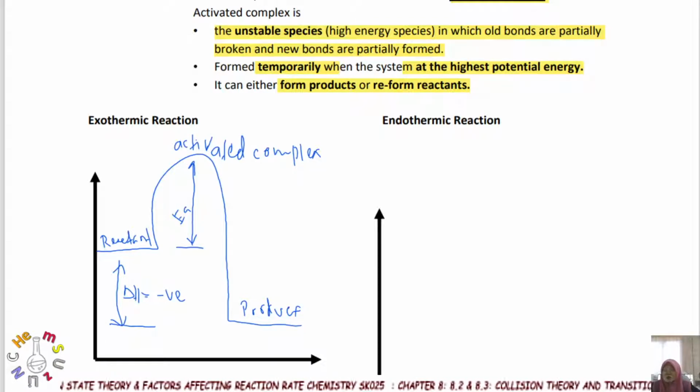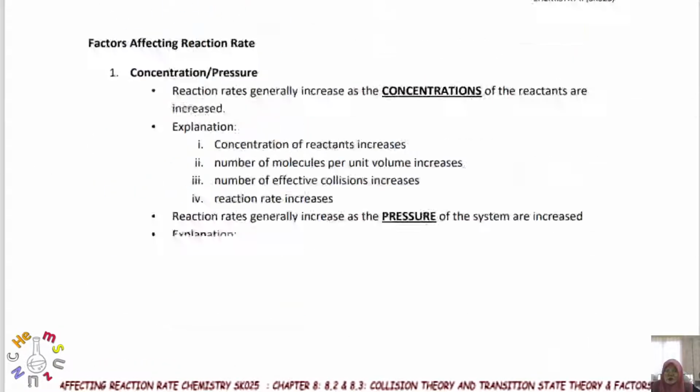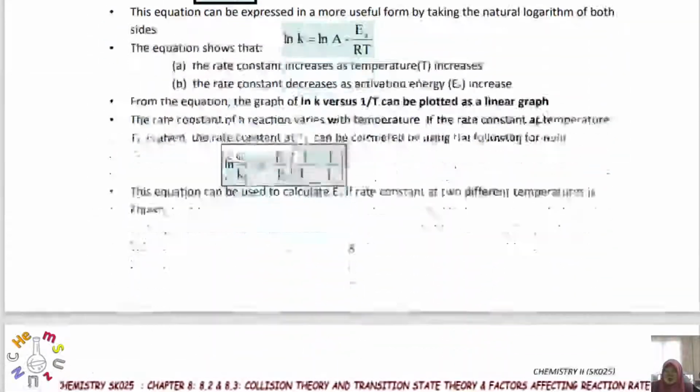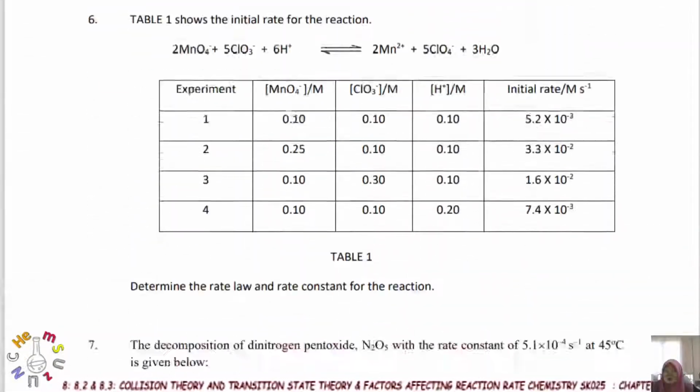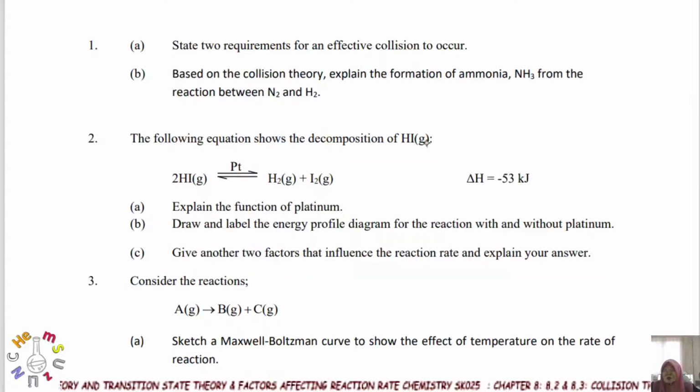Okay, kalau kita tengok soalan yang B tu, mana soalan B? Okay, soalan B tu dia kata based on the collision theory, explain the formation of ammonia from the reaction between nitrogen and hydrogen.